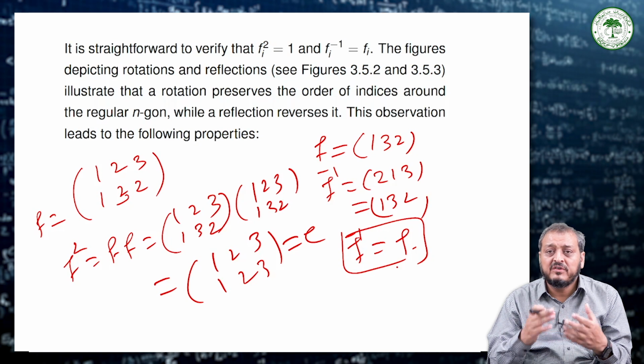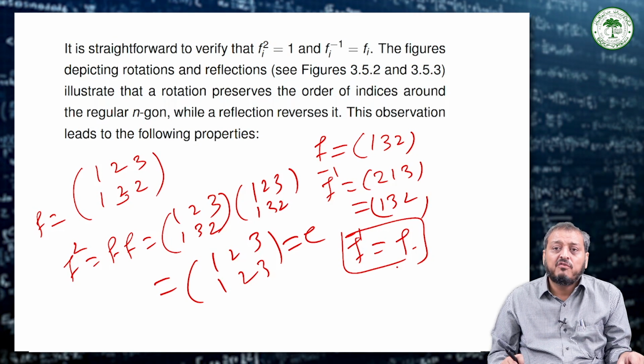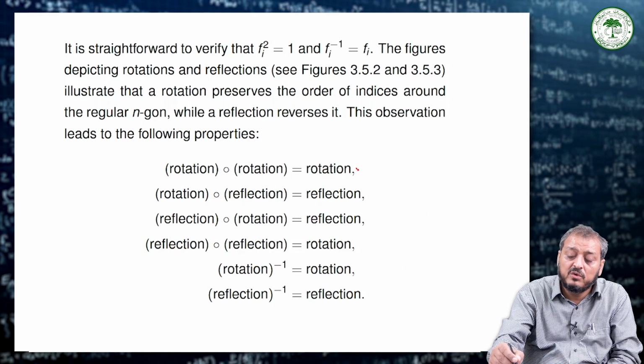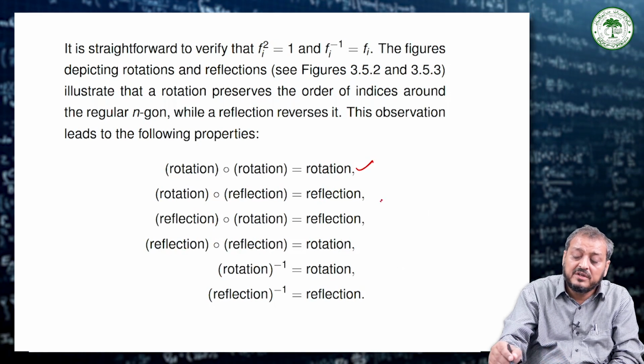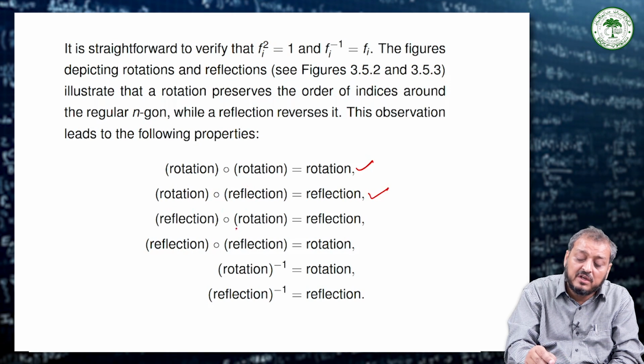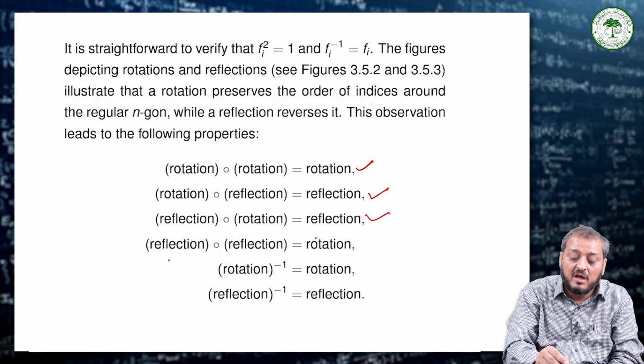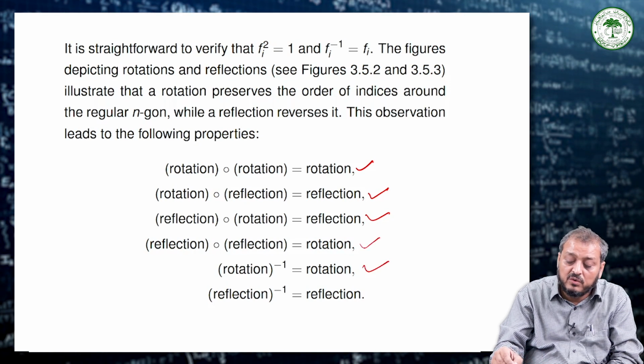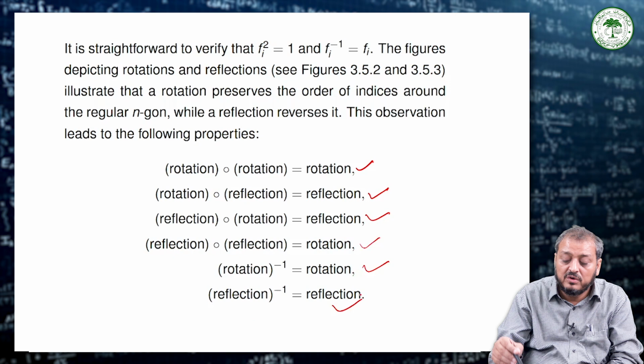This observation leads to the following properties. A rotation times a rotation is a rotation, a rotation times a reflection is a reflection, a reflection times a rotation is again a reflection, and a reflection times a reflection gives a rotation. The inverse of a rotation is a rotation, and the inverse of a reflection is a reflection.